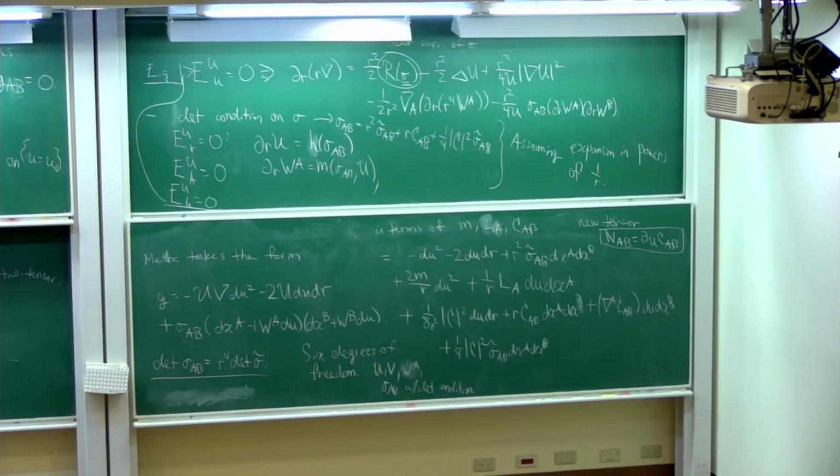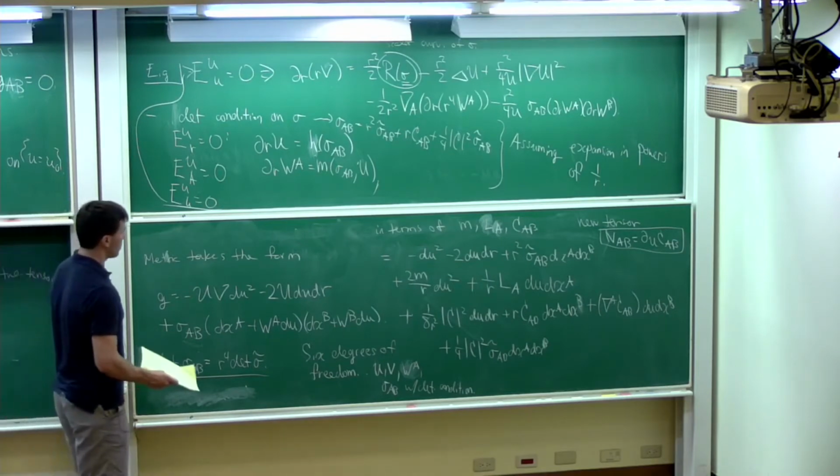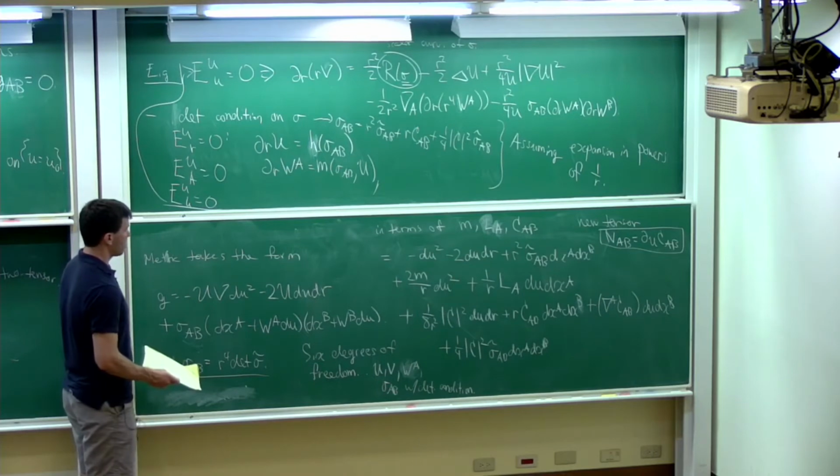So if we wanted to, at this point, we could. You're using that's lower index, that's upper index, and you're using sigma divided by r squared, is that right?